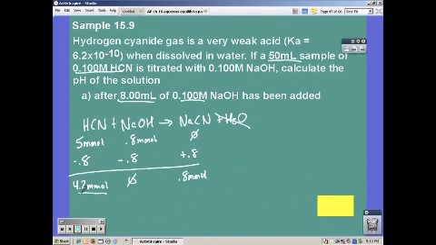Divide by total volume, which is 50 plus 8, which is 58 milliliters. So we have 0.0138 and 0.0724.